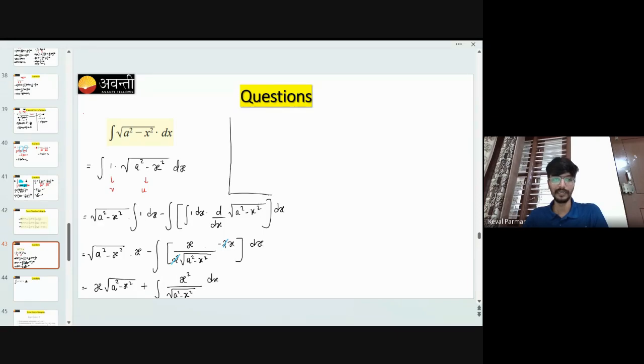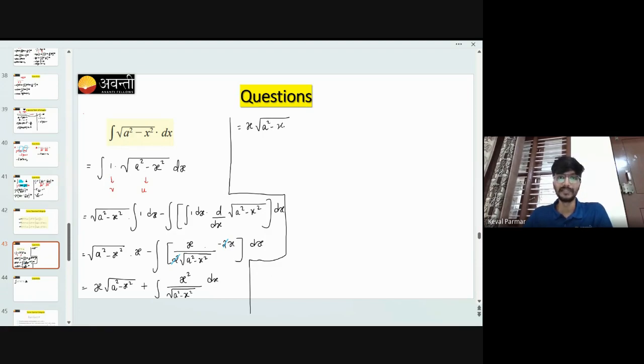Now, does anyone know how to integrate this function? The second part. If not, what I'll do, I'll add and subtract a square.